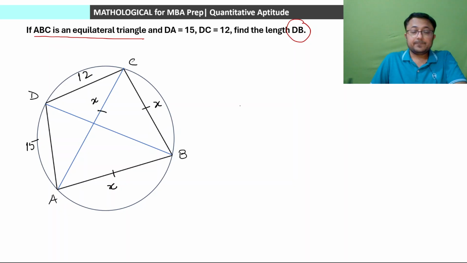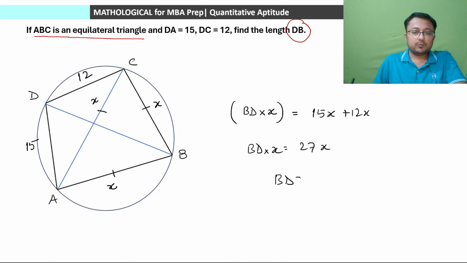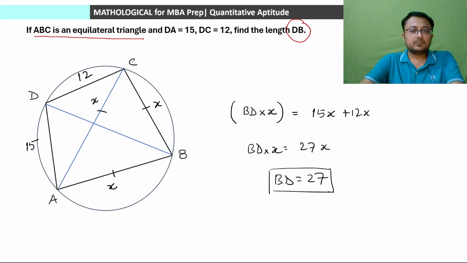AC into BD, and AC is X, so BD into X is equal to AD into BC, that is 15X, plus AB into CD, that is 12X. So BD into X is equal to 27X, so BD will come out to be 27. Straightforward question. Easy question, isn't it so? Is this part clear?